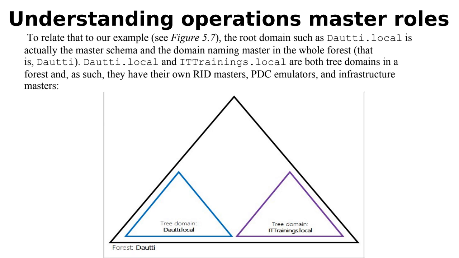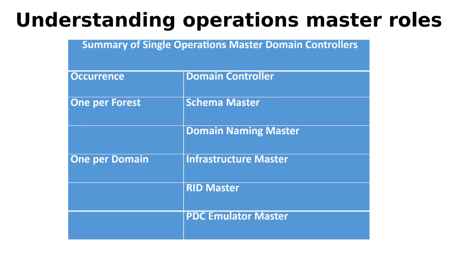Duwati.local also should have its RID master because it's one per domain, right? Don't forget that. And it has its PDC emulator and infrastructure master. Schema master is one per forest, but per domain, each domain should have one infrastructure master, one RID master, and one PDC emulator master.